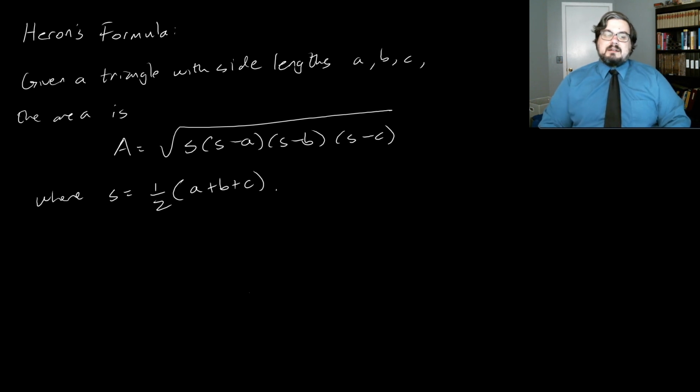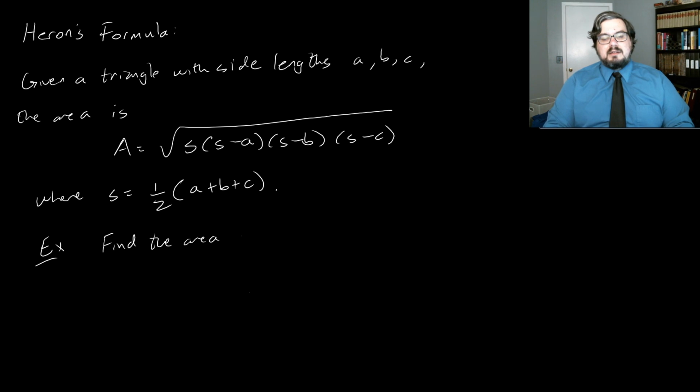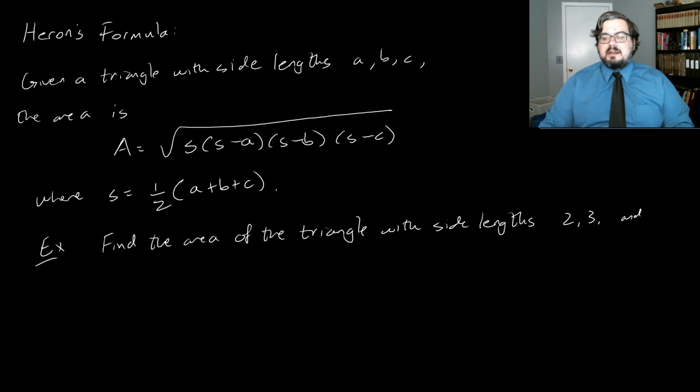This formula here gives us a convenient way of figuring out the area of a triangle, specifically when we're only given the side lengths. So let's see an example. Let's find the area of the triangle with side lengths 2, 3, and 4.